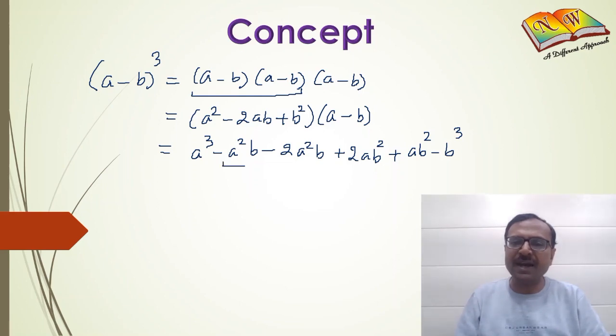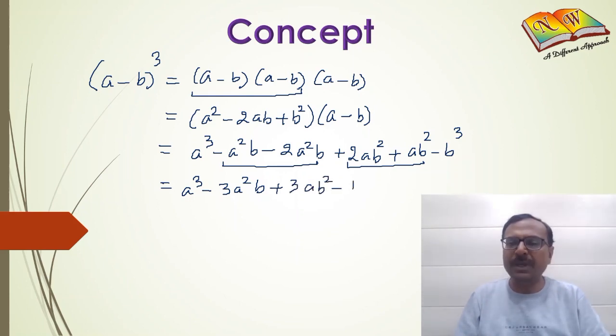Here you can see we have some like terms which we can combine into a single term, and that gives a cube minus 3a square b plus 3ab square minus b cube as the required identity.